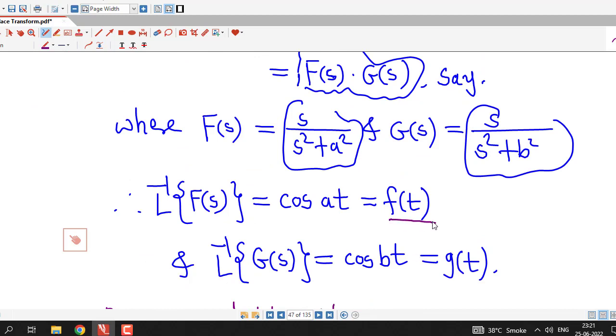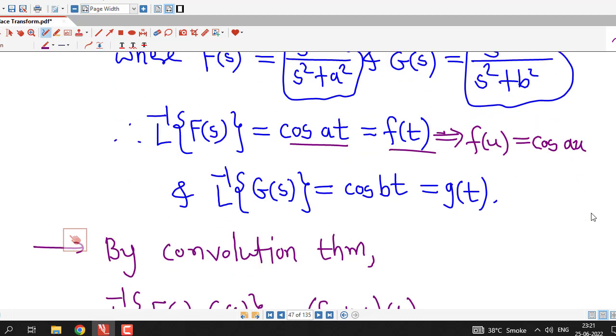Small f is cos at, therefore f of u is equal to cos au, and g of t is cos bt, therefore g of t minus u is equal to cos of b times t minus u.